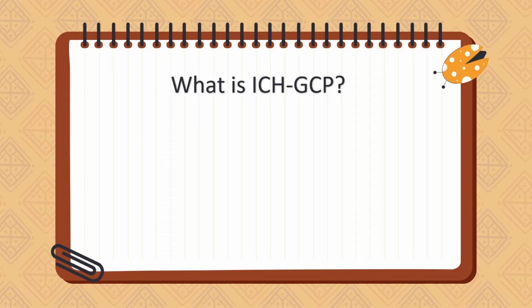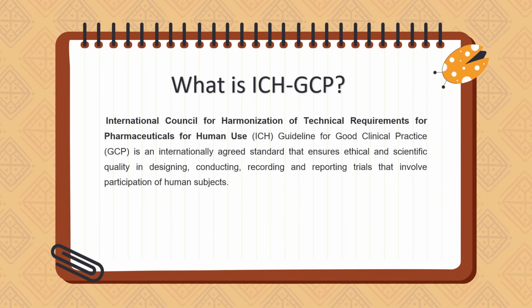So coming on to ICH-GCP. Fundamentally we must understand what is ICH-GCP. ICH stands for International Council for Harmonization of Technical Requirements for Pharmaceuticals for Human Use. And this organization, ICH, provides a guideline. This guideline is called Good Clinical Practice Guideline, which is GCP.